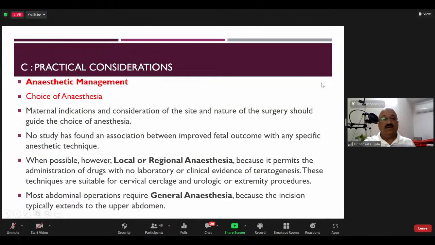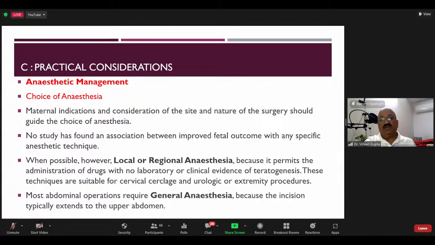Then choice of anesthesia: maternal indication and consideration of the site and nature of the surgery should guide the choice of anesthesia. No study has found an association between improved fetal outcome and any specific anesthetic technique. When possible, however, local or regional anesthesia is preferred because it permits the administration of drugs with no laboratory or clinical evidence of teratogenesis.